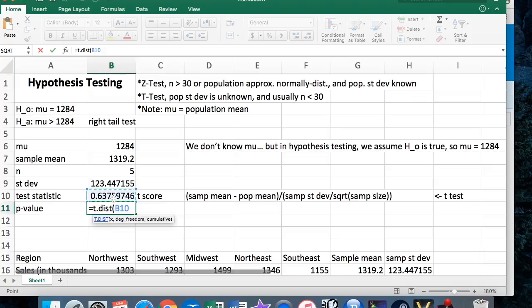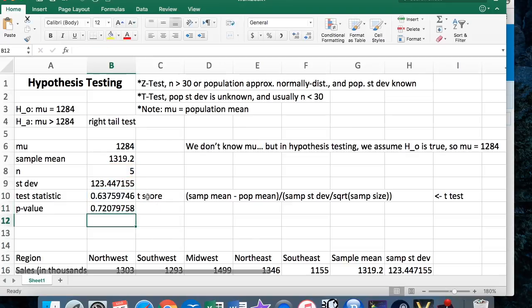Okay, so you put in your test statistic, and then there's this new thing called the degrees of freedom. Degrees of freedom is simply your sample size minus 1. So just click on your n, subtract 1 from it, and there you go. That's your degrees of freedom. And it's always cumulative. Okay, now this is cool, but this, just like the other distribution, finds the area to the left. So Excel will always find the area to the left.